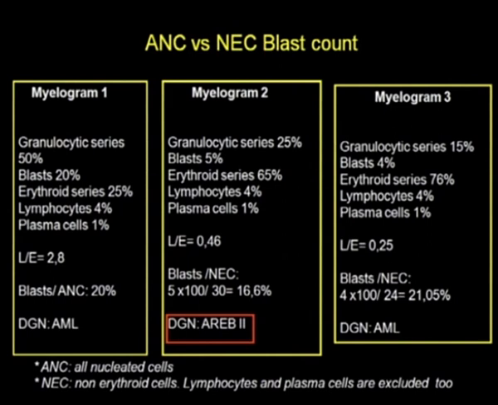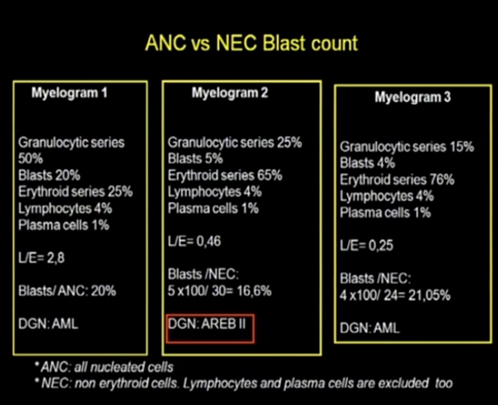Moving to the second myelogram, we have 25% of granulocytic series, blast 5%, erythroid 65, 4 lympho, 1 plasma, and the leukoerythroid ratio is negative, 0.46. At this point, we have 5% of blast. We have to recalculate this percentage in the non-erythroid context.